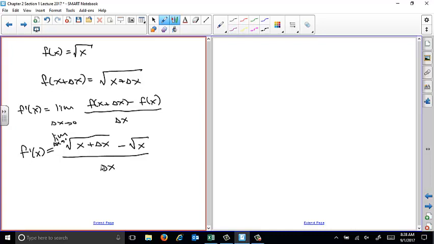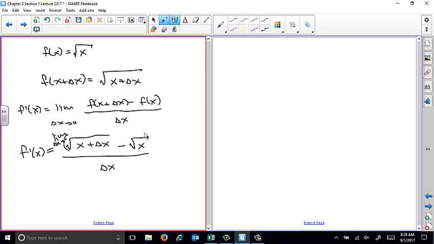So this is where rationalization comes into play, because we can't use the dividing out anymore, but we do have a square root function. It's a little bit different than we had before, but not that much different. So we're going to use rationalization here to remove the indeterminacy.